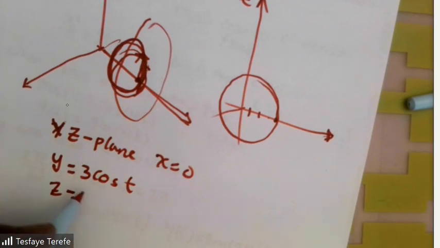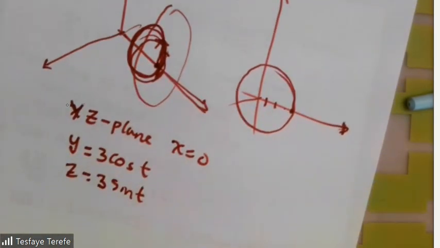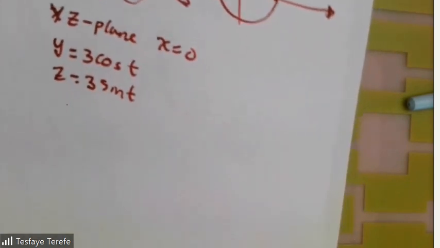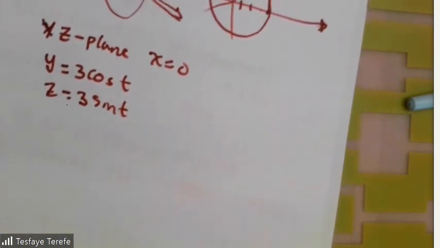So the z value also becomes 3 sine of t. Your parametric equation is going to be this: x equals 0, y equals 3 cosine t, z equals 3 sine t. These are the parameters that we are going to follow.